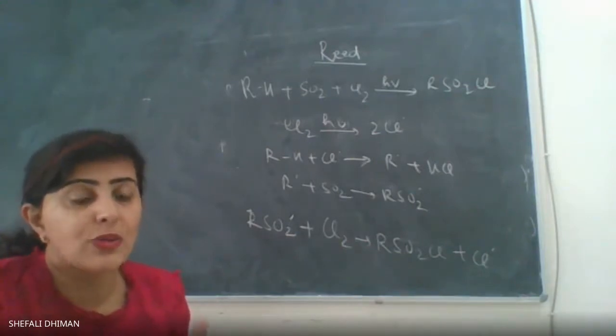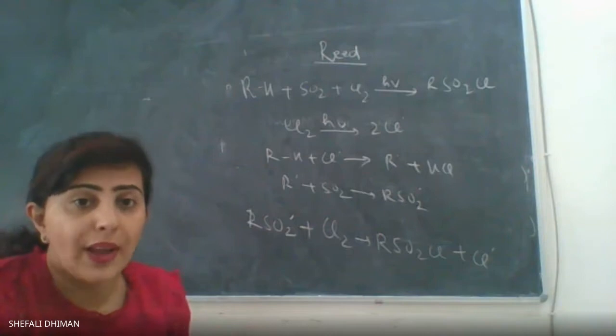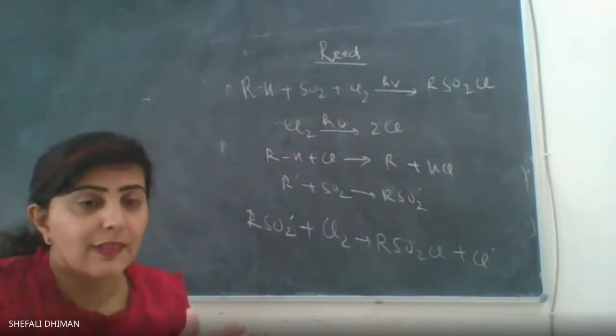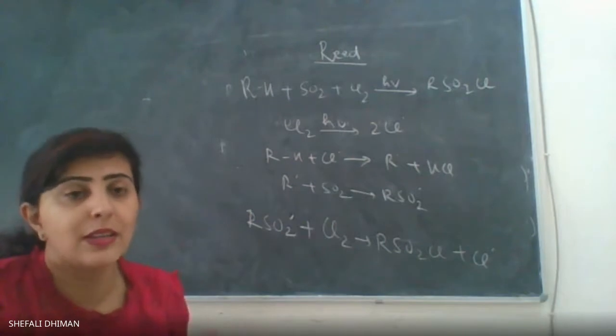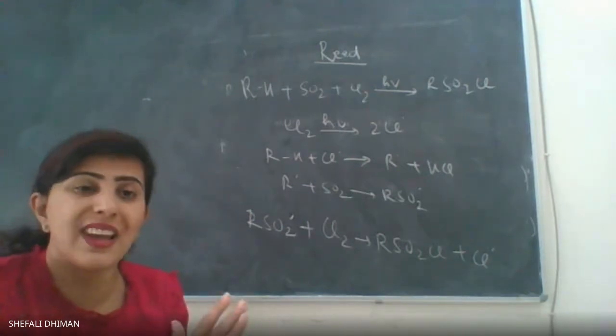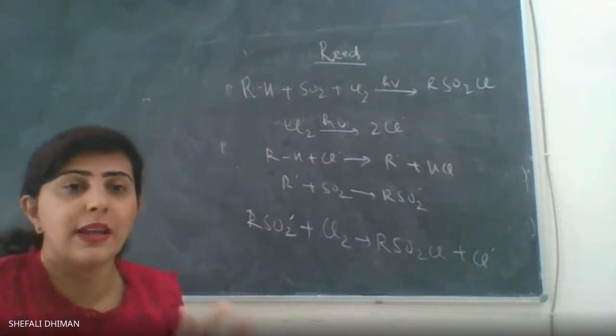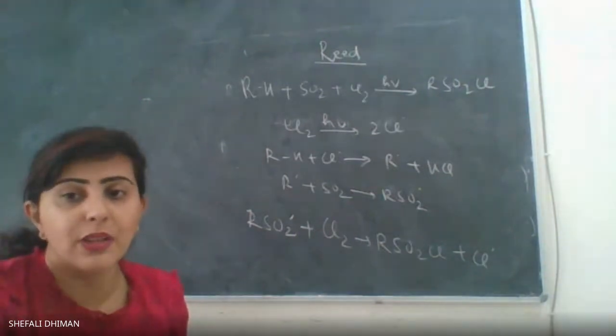So when we talk about allylic rearrangement, why is it happening in the first case? It is happening because there is a possibility of the conversion of a less stable intermediate to a more stable intermediate. So let us talk about this reaction.